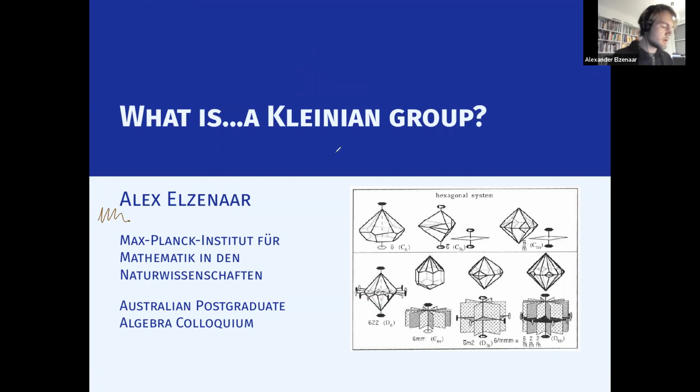Great. So I was asked to give an expository talk on some object or theory in mathematics. And so I'm not going to be talking about anything that's research level. I'm going to start very basic and I'm going to get quite far.